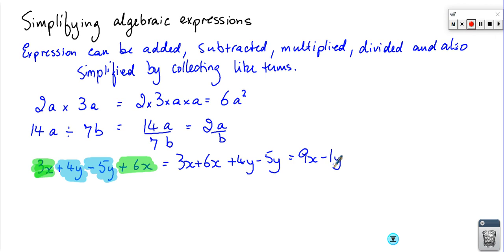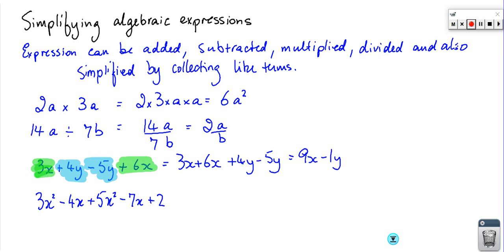We have to be very careful. We consider terms to be like terms if they have the same letter, for example, x raised to the same power. And there we have y. Let's see another example. Suppose we have 3x squared minus 4x plus 5x squared minus 7x plus 2.